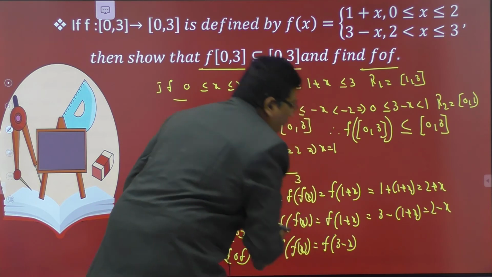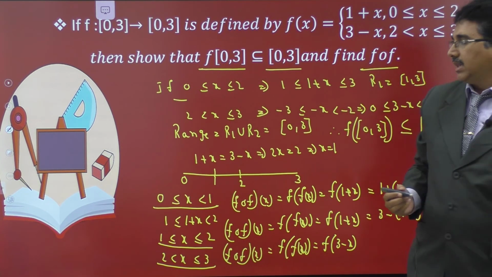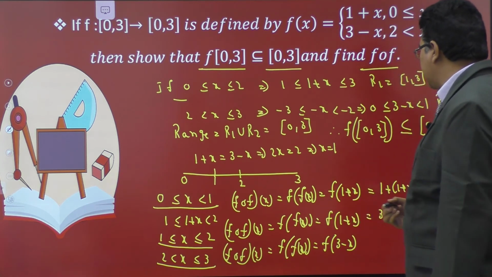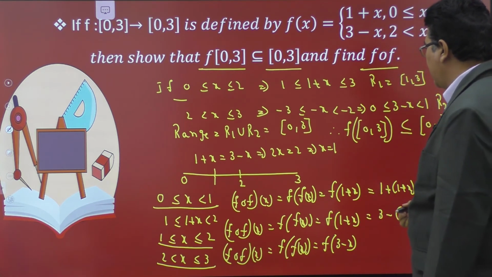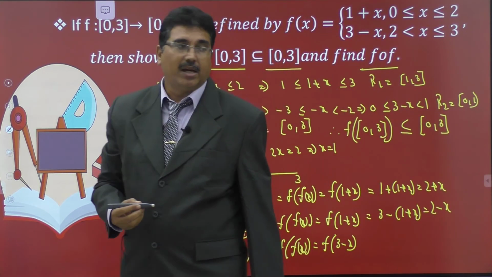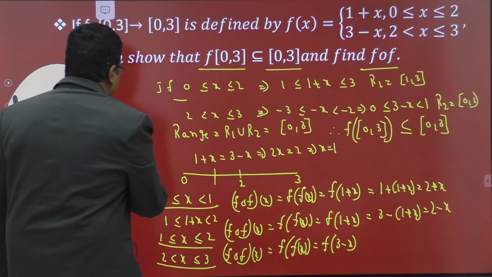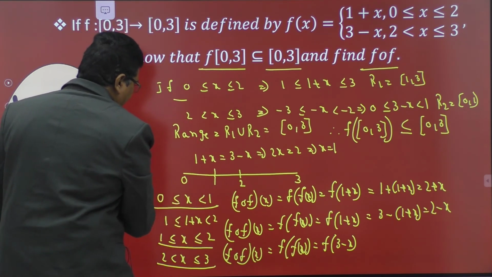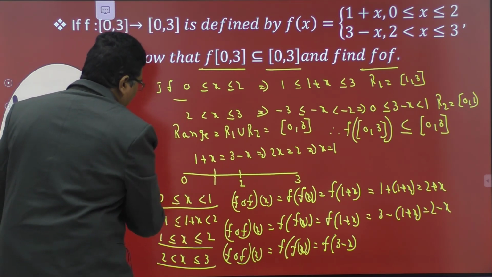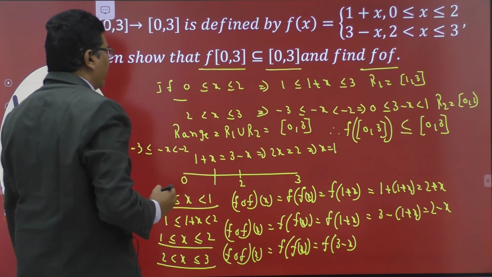X lies between 2 and 3. Multiplying with a minus sign, minus 3 less than or equal to minus x less than minus 2.